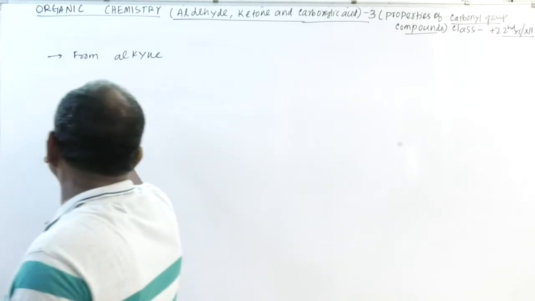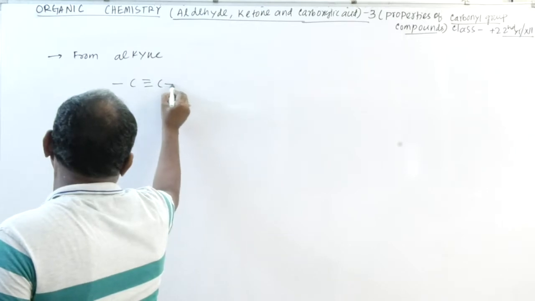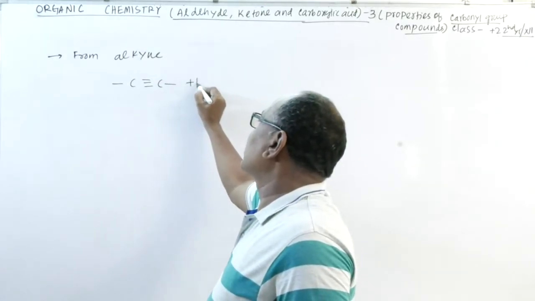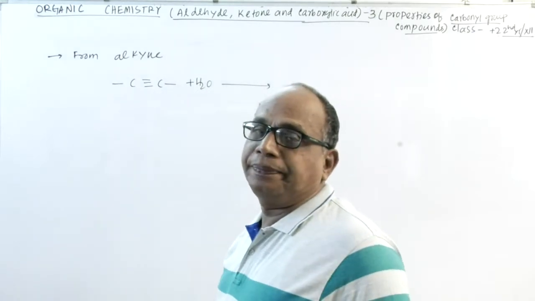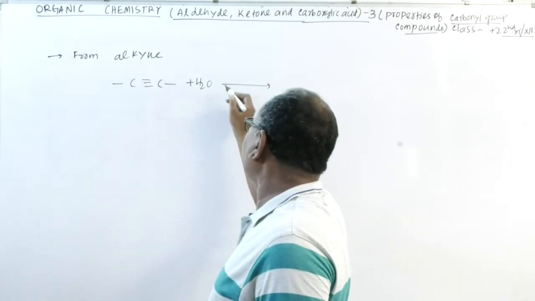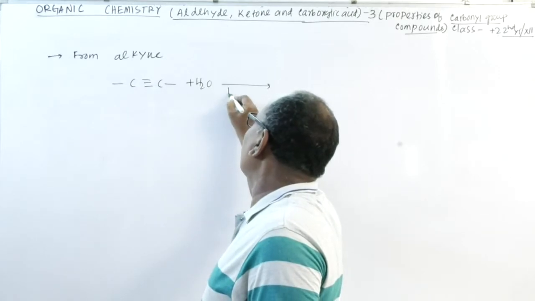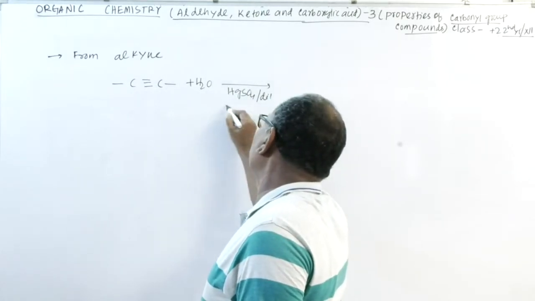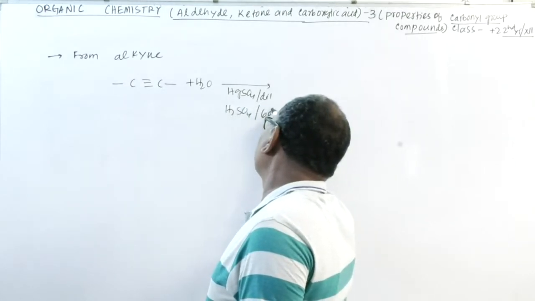So the alkyne means the hydrocarbon possessing a carbon-carbon triple bond, which on hydrolysis, means addition of water, and this hydrolysis is carried out in presence of mercuric sulfate and dilute sulfuric acid at 60 degrees C.